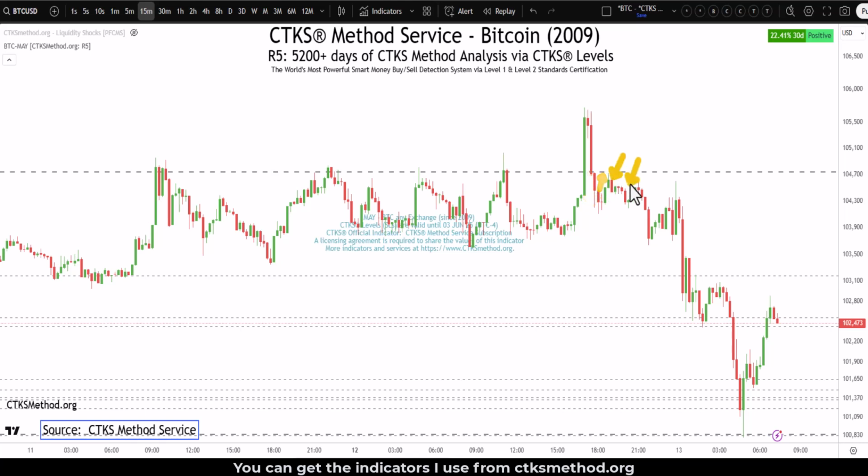The sellers were just too strong and they kept on pushing price down and down and down. What could have happened, and what probably did happen, is that a lot of people got liquidated. And there was also capital rotation between the stock market and crypto, and then crypto and the stock market.